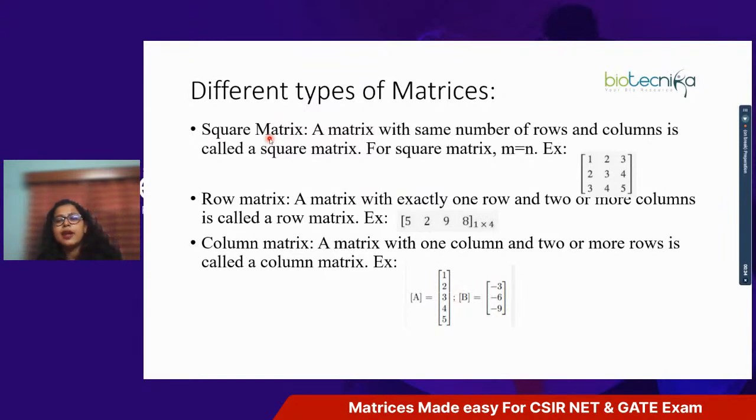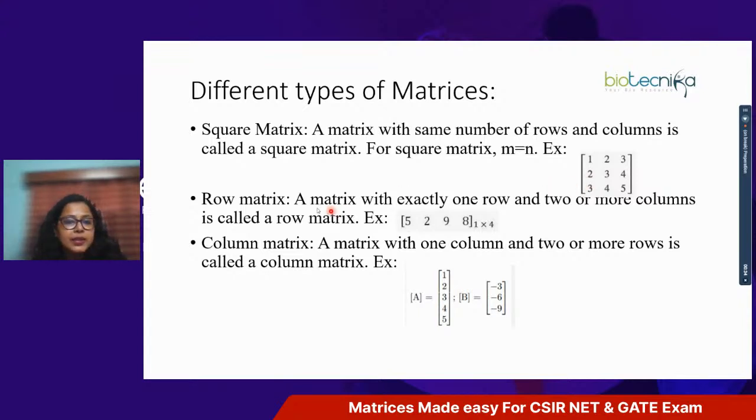So whenever we have a matrix with the same number of rows and columns, we can say that it is a square matrix, because the length here equals the length here. If we count the number of elements as the length, then here it is 3 and here also it is 3. So this can be considered a square matrix.